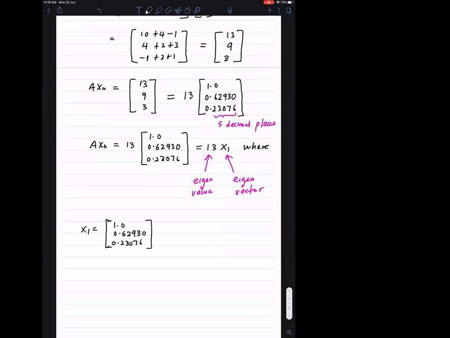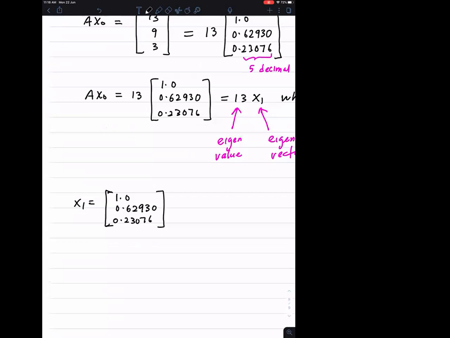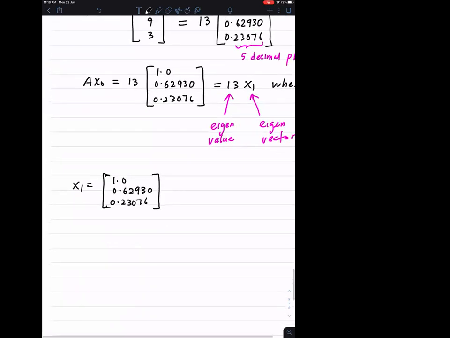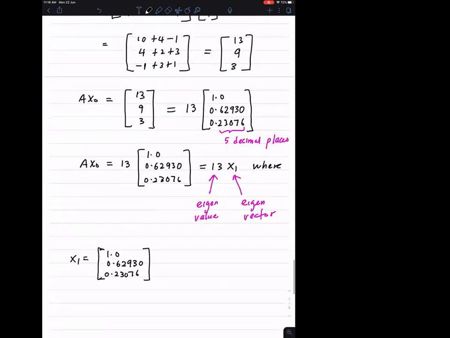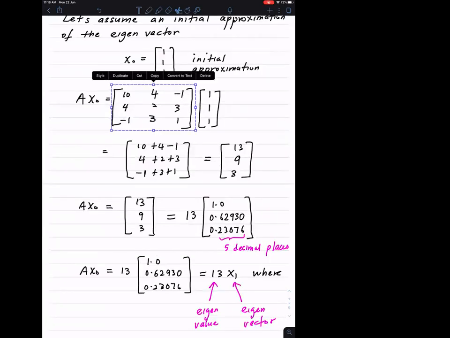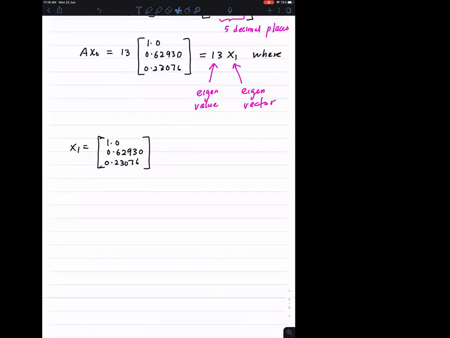We started with the initial guess, and now we have come up with a new set of values. Now you continue the process. Take this matrix again, go ahead and take this matrix again, and do this: matrix A multiplied by x1.